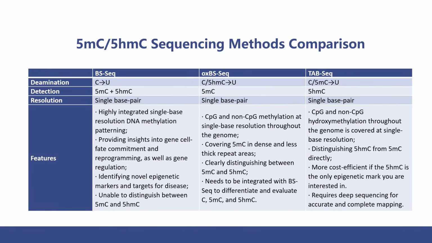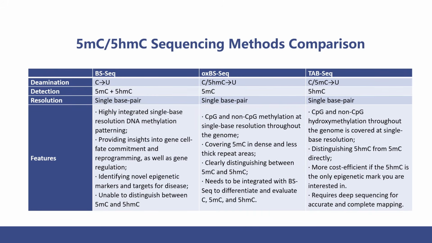Bisulfite sequencing, oxidative bisulfite sequencing, and TET-assisted bisulfite sequencing allow for methylation analysis at a single base level. Depending on the sample processing method, these 3 sequencing methods can detect 5-methylcytosine and/or 5-hydroxymethylcytosine.